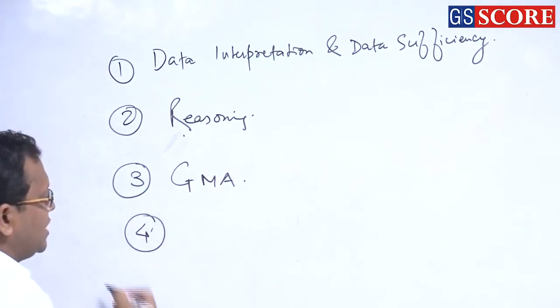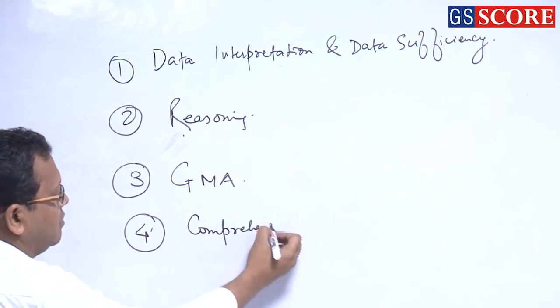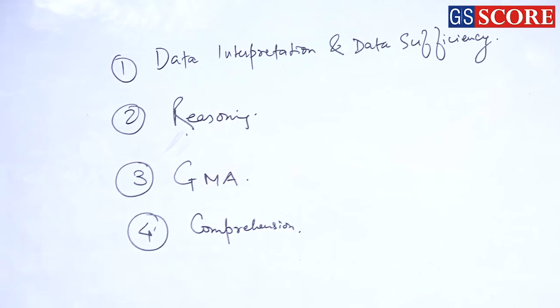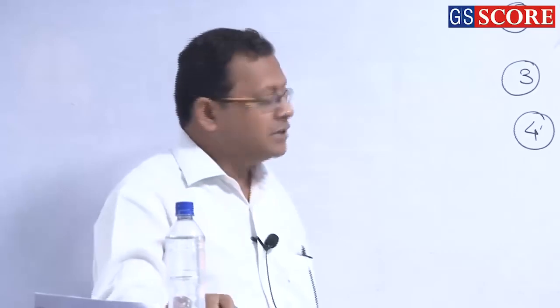And the fourth one is the comprehension part. These are the basic 4 areas. We have got lots and lots of names for all these areas, but these are the basic 4 areas that are tested. So we will take it step by step, and today we are going to do this part.